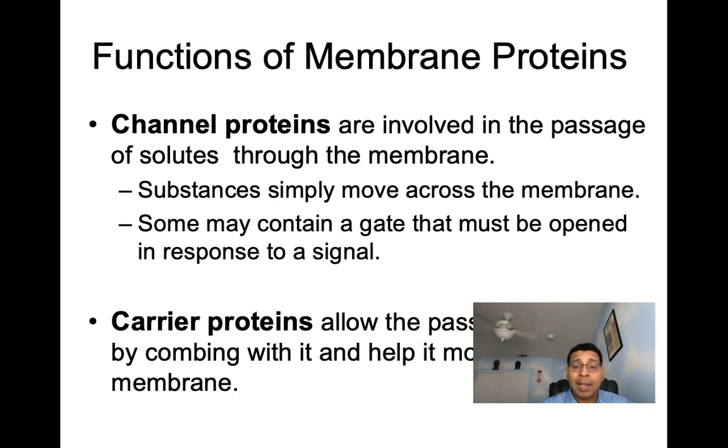They have a channel that allows a substance to simply move across the membrane. Channel proteins may even contain a gate that must be opened, and that will open by the binding of a specific molecule to the channel.